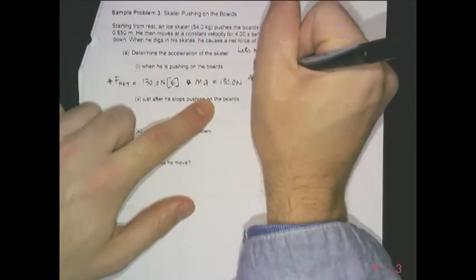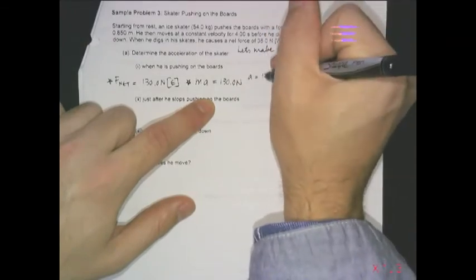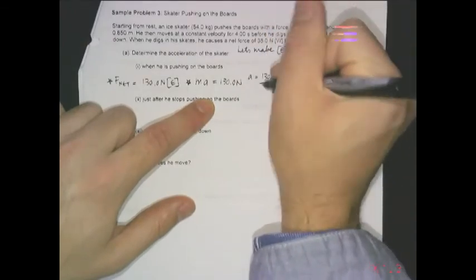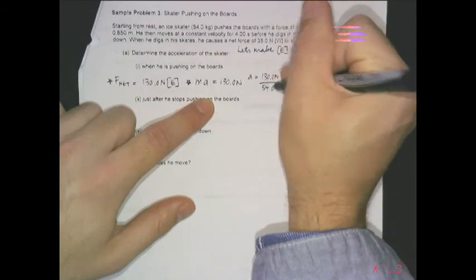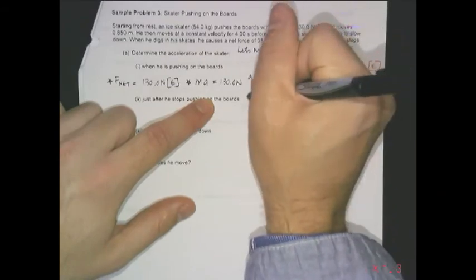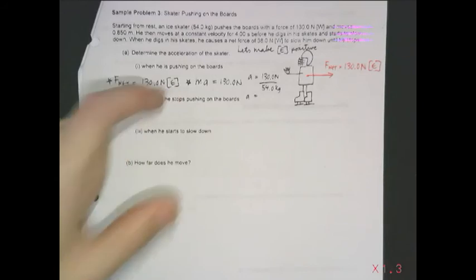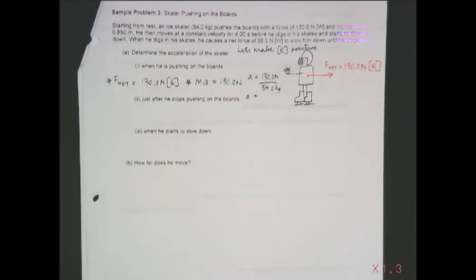Solve for a. a is equal to 130.0 newtons divided by a mass of 54.0 kilograms. What is the acceleration of the skater while he is accelerating? Or while he is pushing, rather?